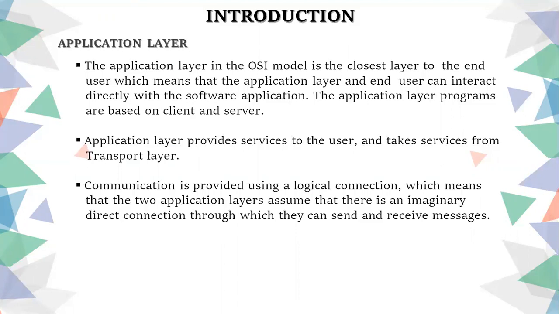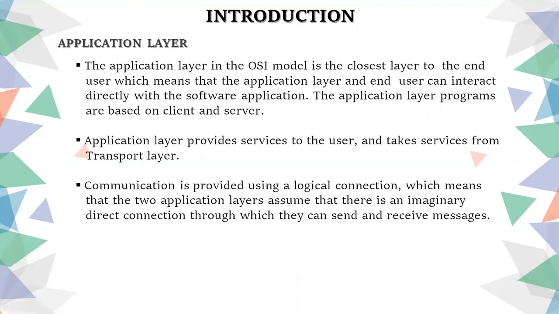The application layer in the OSI model is the closest layer to the end user, which means that the application layer and end user can interact directly with the software application. We are talking about network-oriented applications, and the application layer programs are based on client and server.